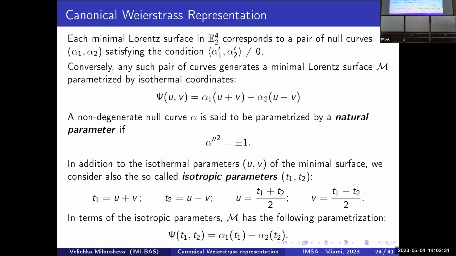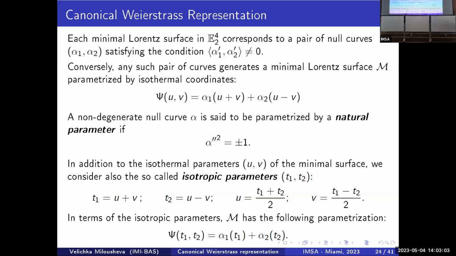And now, how will we define the canonical parameters? First, we consider the so-called natural parameter of the null curve. If alpha is a non-degenerate null curve, it is said to be parameterized by natural parameter if this condition holds for the second derivative of alpha. This natural parameter is sometimes called pseudo-arc parameter because it is analogous to the arc parameter in the case of non-null curves.